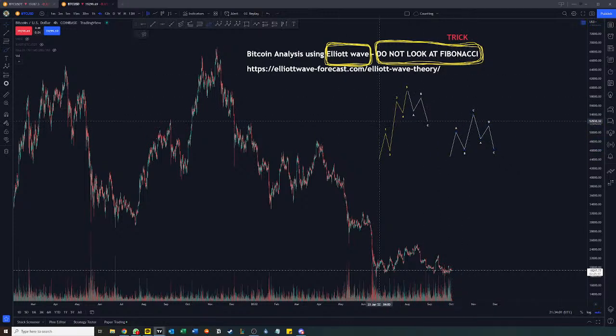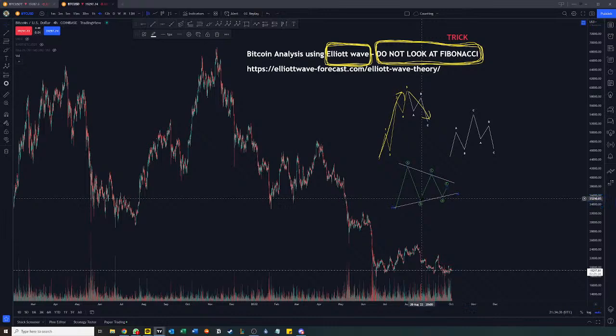So this is an upwards movement of an impulse wave and a downwards movement of a correction wave. Then you can have another impulse wave. However, it depends on the sequence of patterns. And you see an upwards, downwards, and there's also a consolidation of triangles like this.